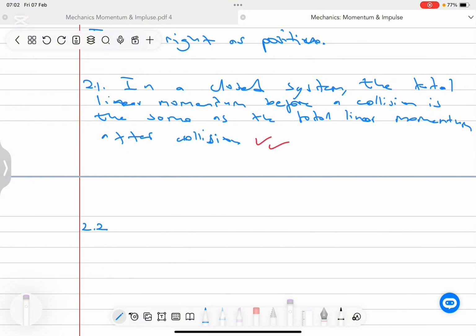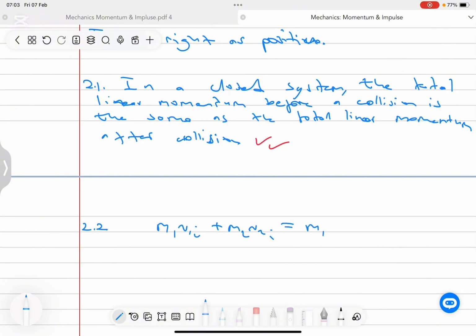So here I'm going to use my equation to say m1 v1 initial plus m2 v2 initial, which is the total momentum before collision. It has to be constant.